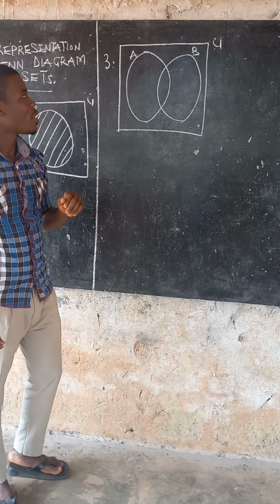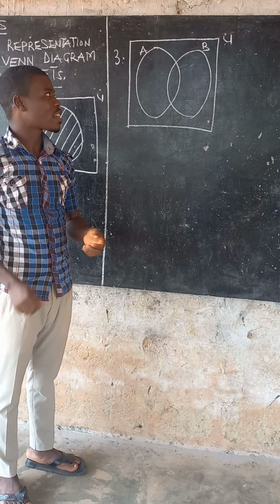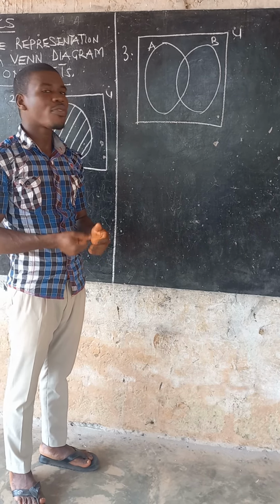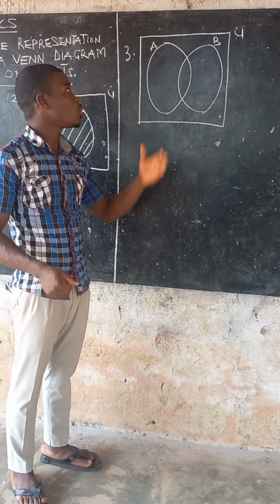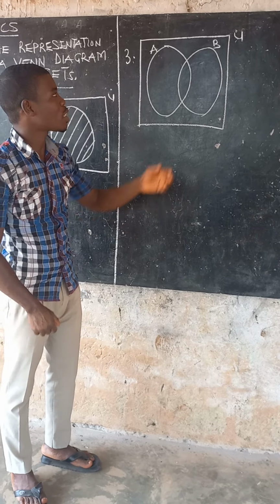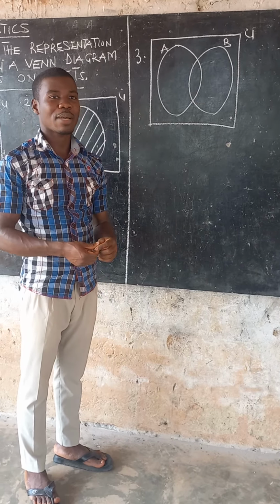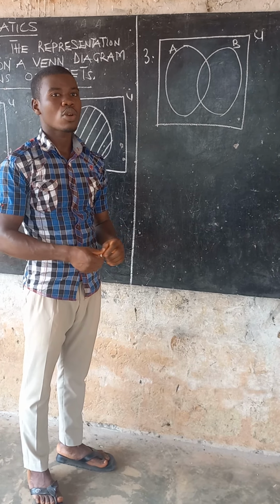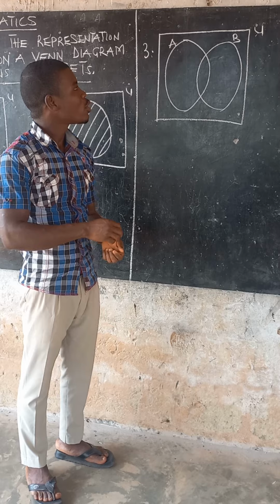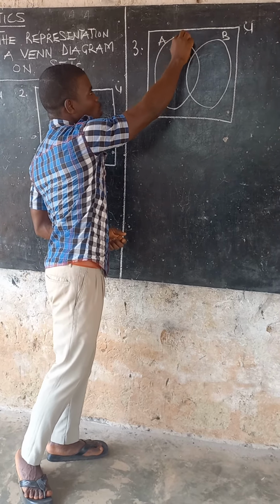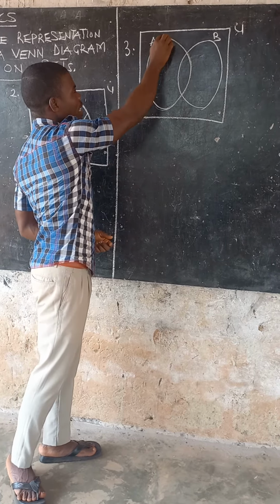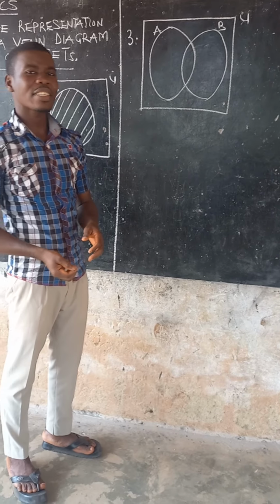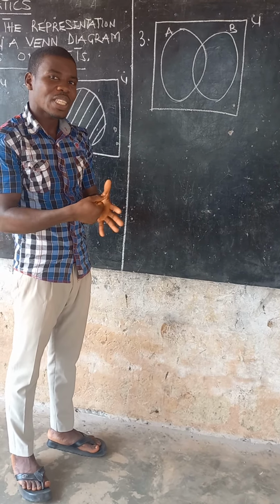Let's check something. If you are asked to find A intersection B, or both A and B, or let's say we use A to represent a certain subject and B to represent another subject, and we are asked to find those who did both subjects, you could see that this is the whole region of A and this is the whole region of B. So it is asking you to find where there is an intersection.